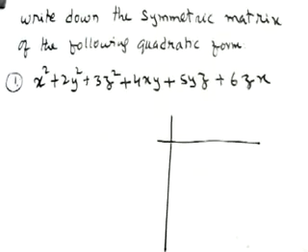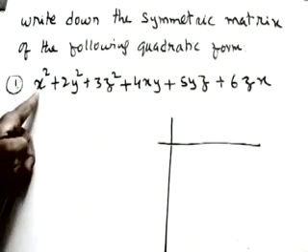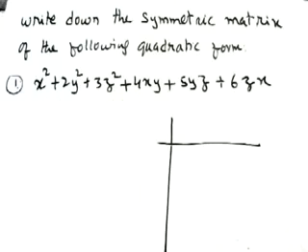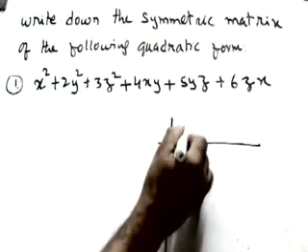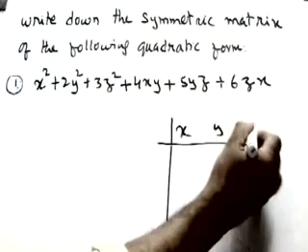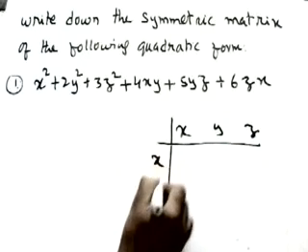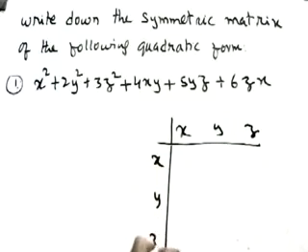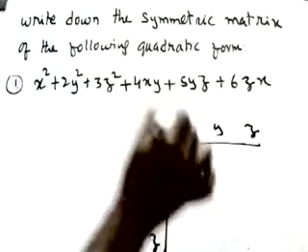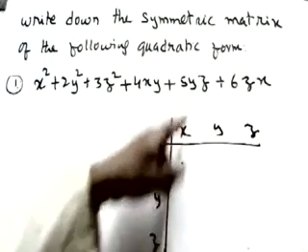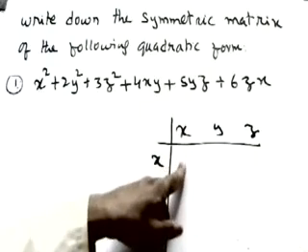Watch carefully. Suppose we take in rough, what are the variables? x and y and z. We are having three variables, so write like this: x, y, z. Here also you write x, y, z. Now watch carefully. Here what will be x into x? x square.